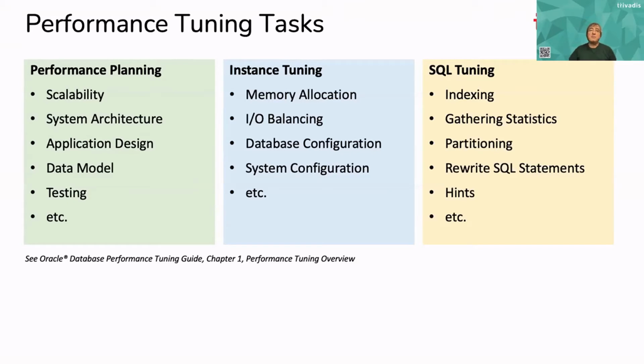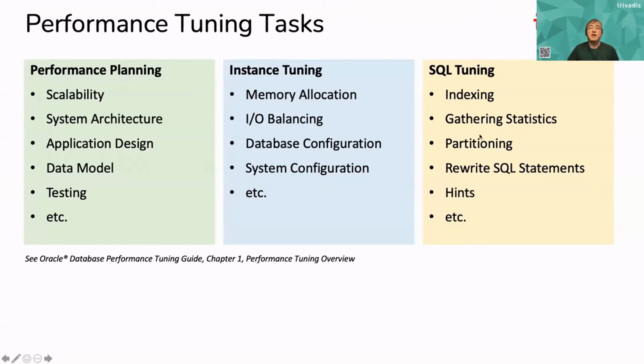And most of the people, when we're talking about performance tuning, we think about these parts here. Instance tuning, that's more the DBA related stuff, so that you configure your database or your database server in a good way, that all the init.ora parameters are set properly, that you have enough memory, that the disk layout is quite good, all this stuff.